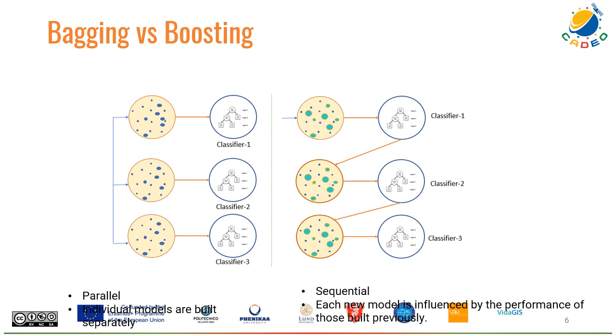The final prediction is typically obtained by combining the predictions of all models in the ensemble, weighted by their performance during training. In summary, bagging involves building individual models independently and in parallel, while boosting involves building models sequentially, with each new model influenced by the performance of those built before it.